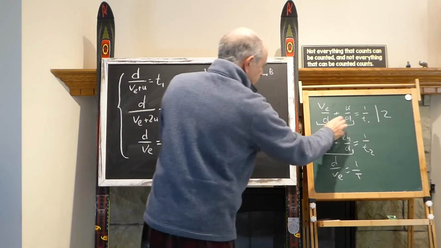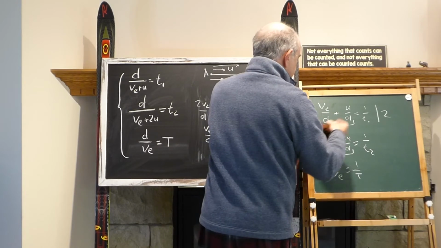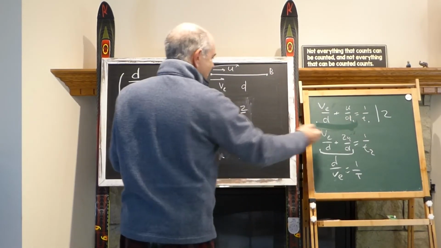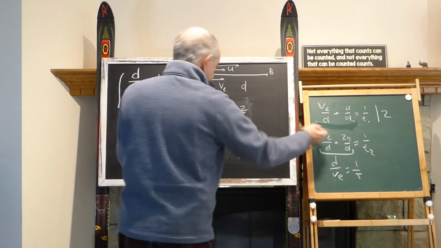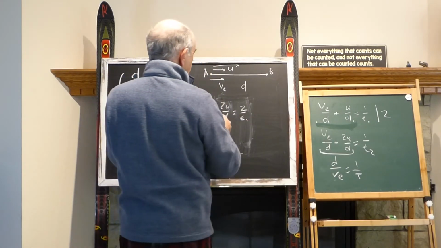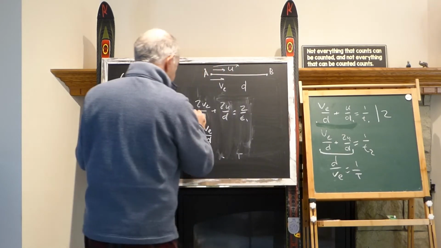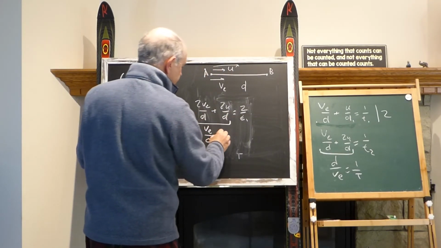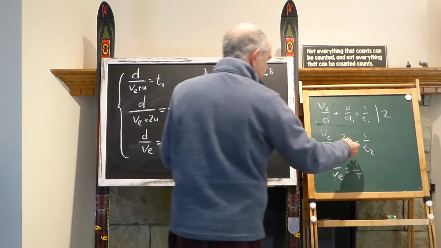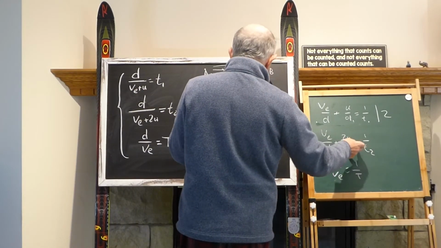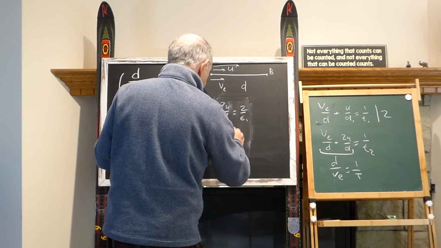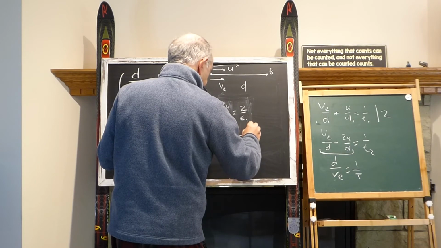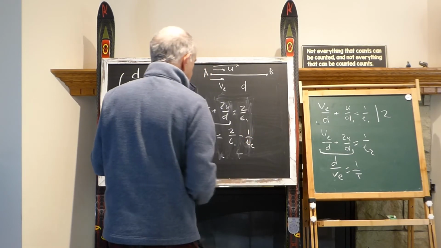I subtract, not here, sorry. I subtract, not from here, I subtract the same equations that I don't want to write here, I should be writing here. So I subtract this from here, and all that would be left is VE over D. And when I subtract this value from this value, I will have 2 over T1 minus 1 divided by T2.